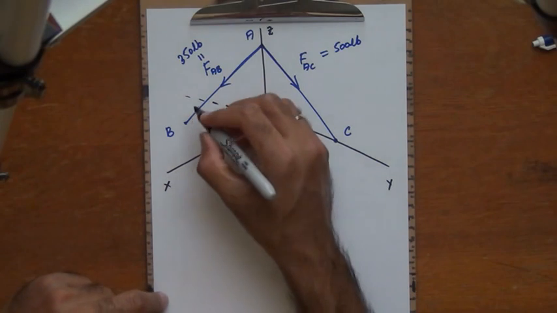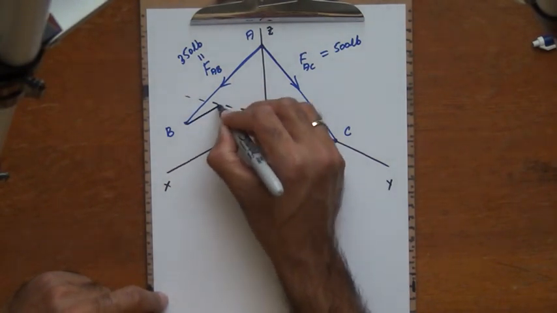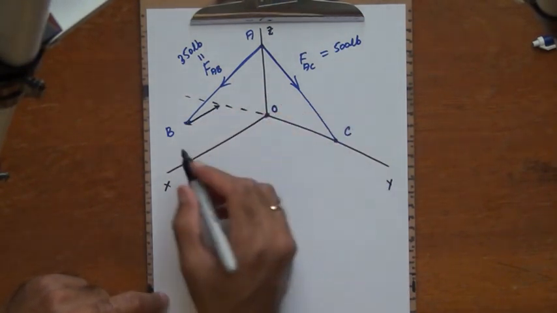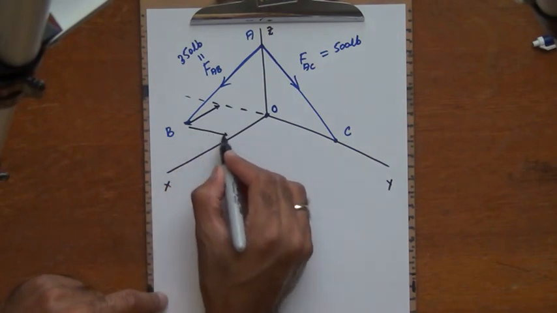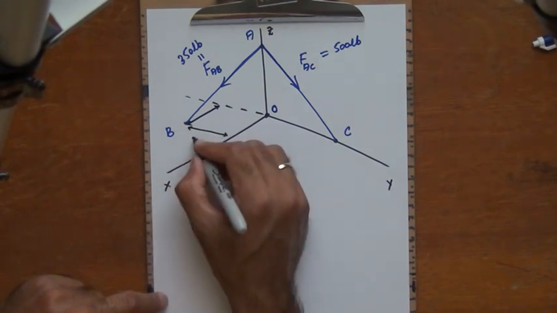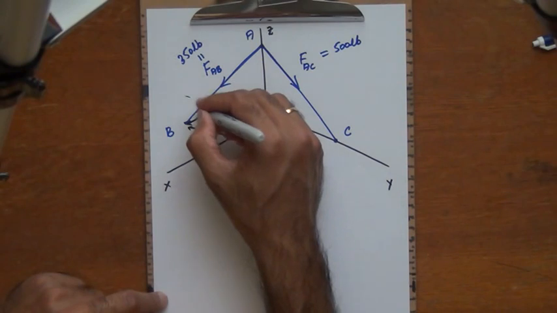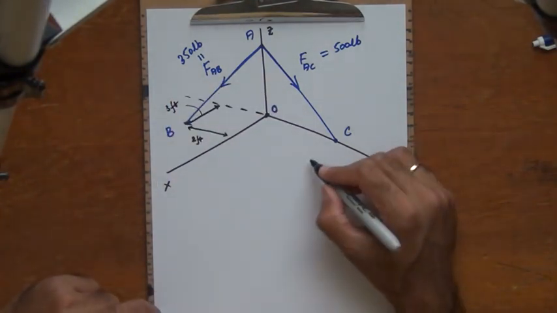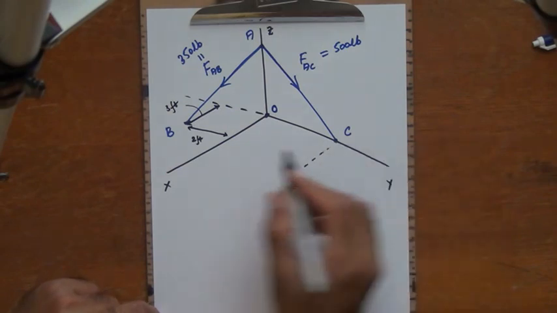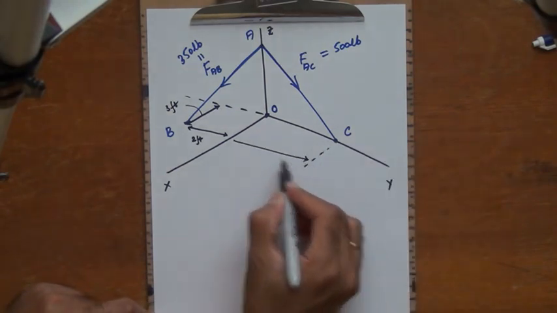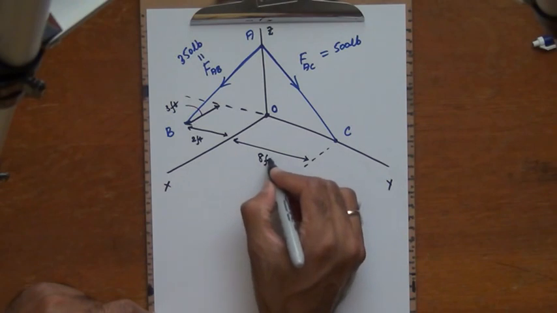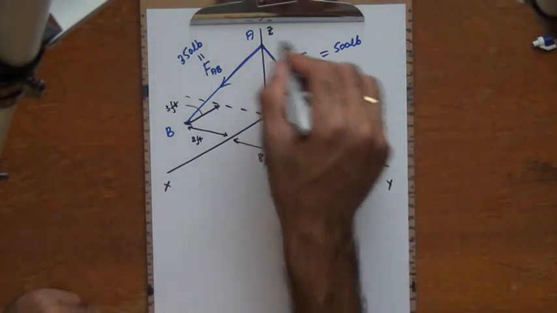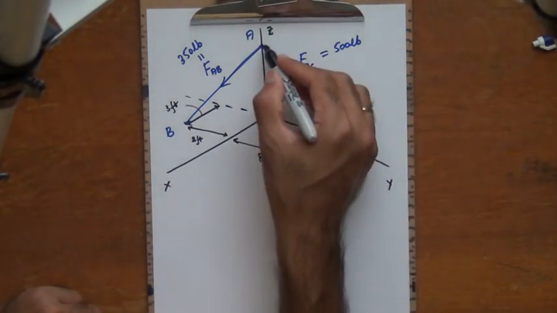Distance of point B along the x-axis was 3 feet, and along the y-axis was 2 feet in the negative y direction, and this distance here is 3 feet, and then point C was at a distance of 8 feet along the positive y direction, and then point A was raised up by a height of 6 feet.